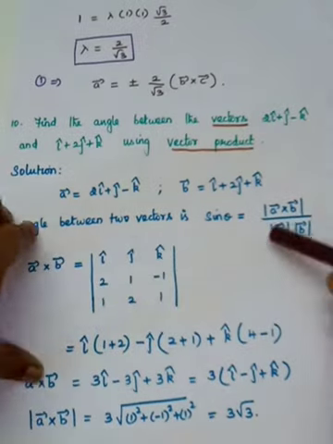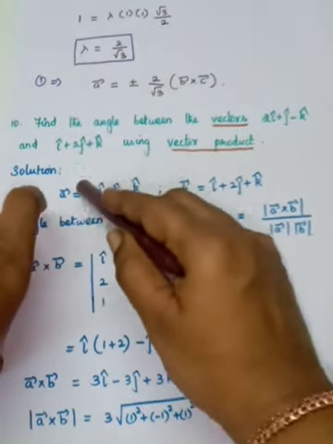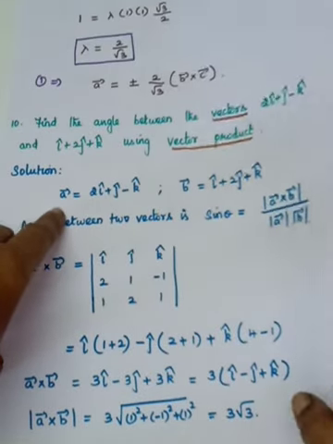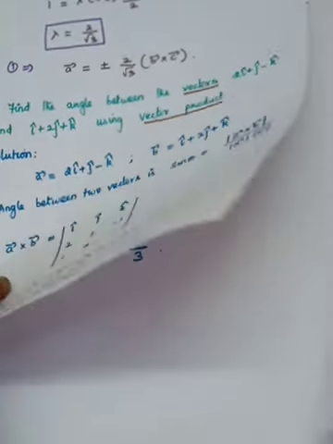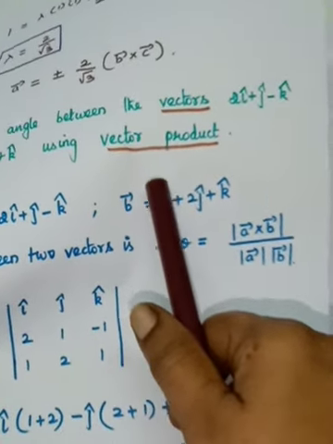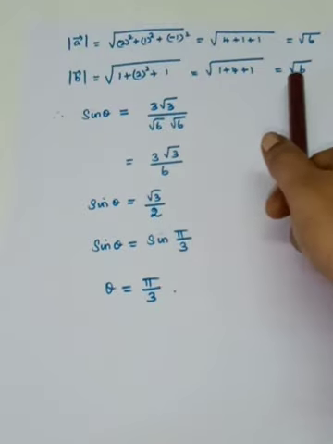Magnitude we have found. Next, what is asked? Magnitude of A vector. It has to be found using the same formula, square root of x square plus y square plus z square. That is root 6. In the same way, modulus of B vector is the square root of 1 square plus 2 the whole square plus 1 square. So it will be root 6.